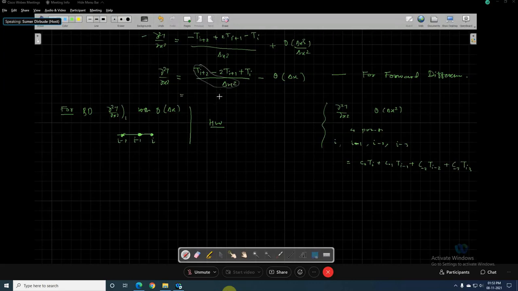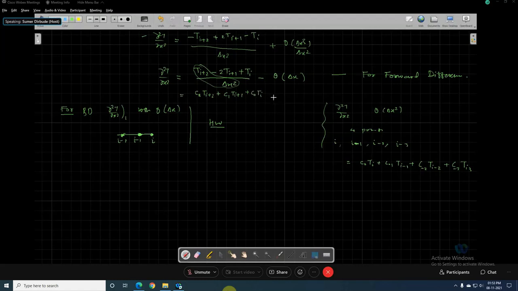Ti plus 2 has a coefficient 1 by delta x square. That I can write as C2 Ti plus 2. Now here I can write plus the coefficient C1, which will be minus 2 by delta x square, Ti plus 1. And this 1 by delta x square I can write as C naught Ti.